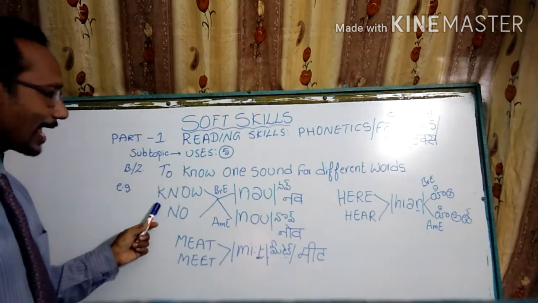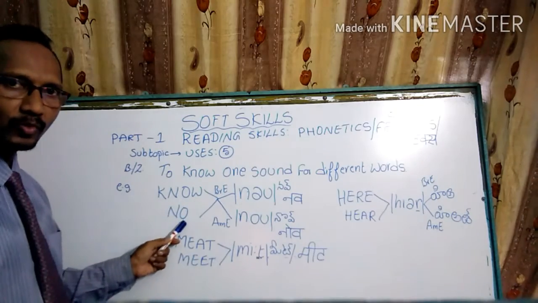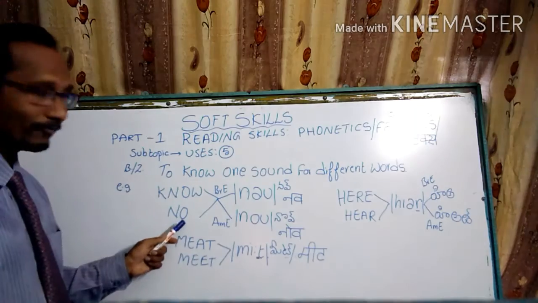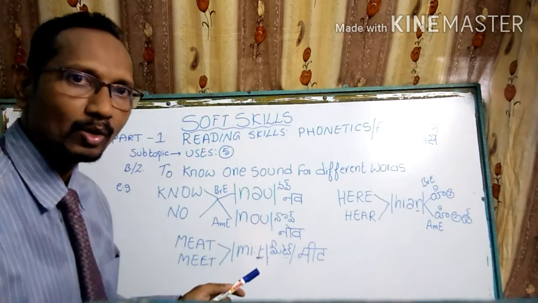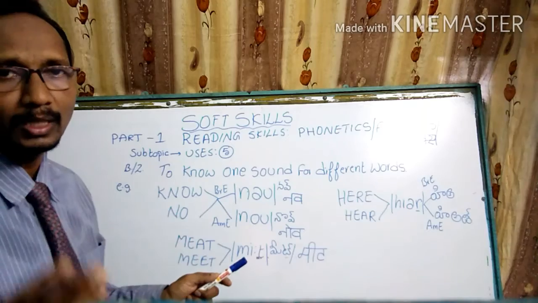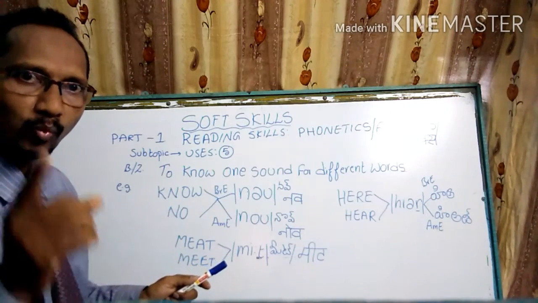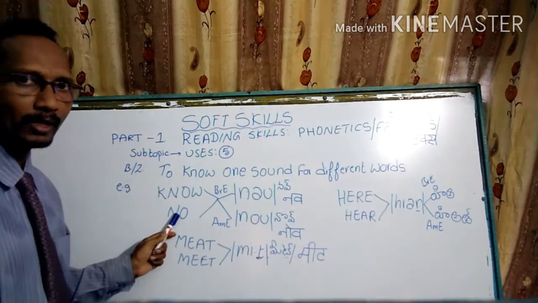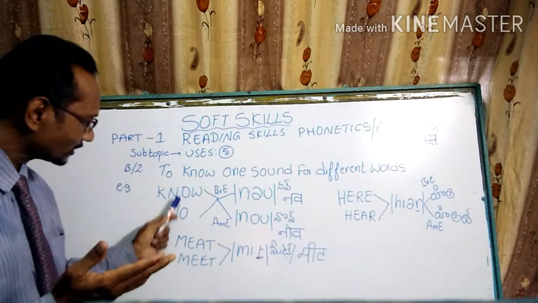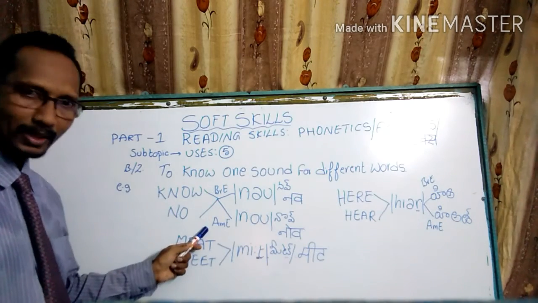First one, K-N-O-W and N-O. We have two accents, American and British, but for these two words, you can pronounce them in either British English or American English.